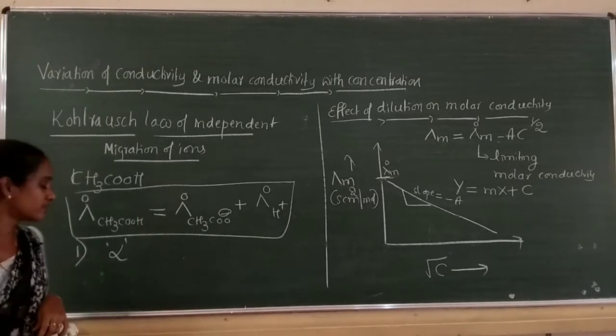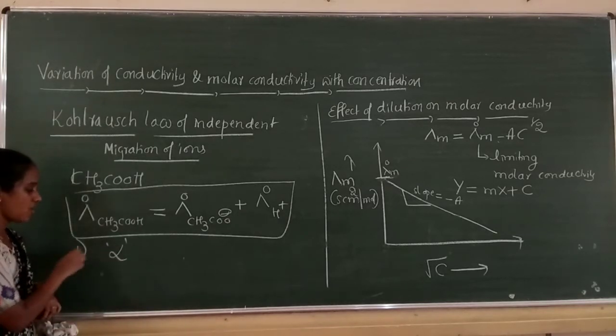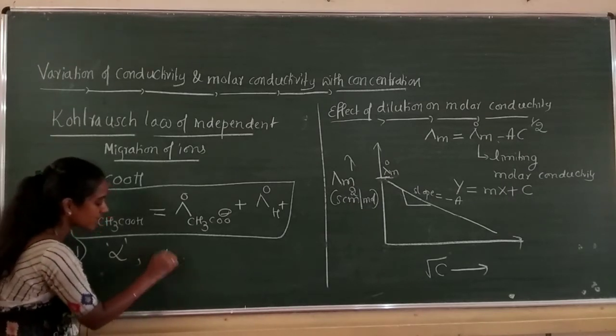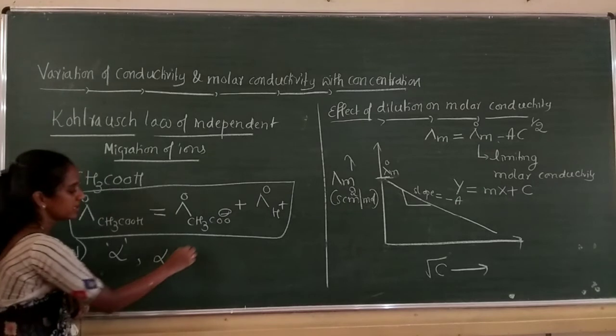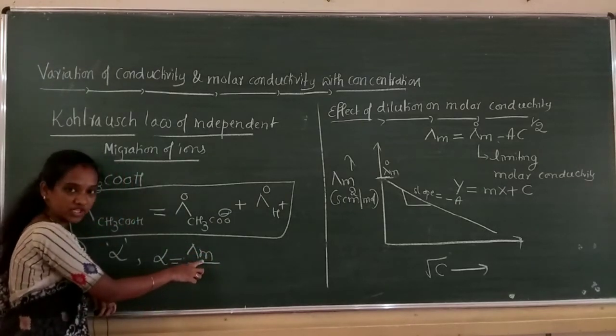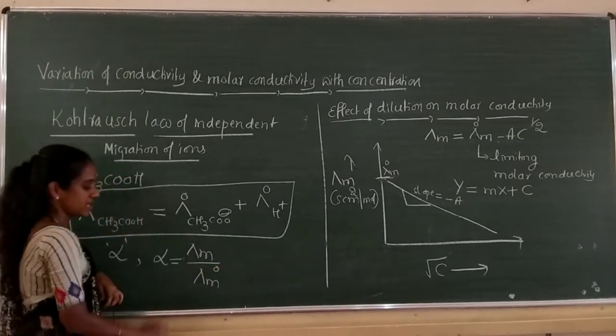So degree of dissociation is represented by the symbol alpha. Now alpha can be calculated. It is a ratio of molar conductivity at a concentration, any concentration, divided by limiting molar conductivity.